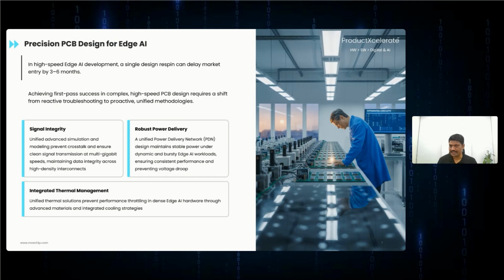PDN stability is tied to thermal headroom. Firmware hooks are aligned so you can test real workloads on day one. Unified thermal solutions prevent performance throttling in dense edge AI hardware through advanced materials and integrated cooling strategies. So instead of chasing ghosts at bring-up, you are watching the board boot cleanly on first pass. That's the difference unification makes.